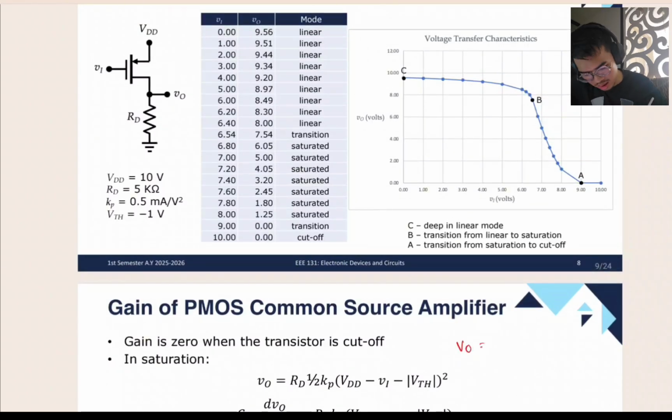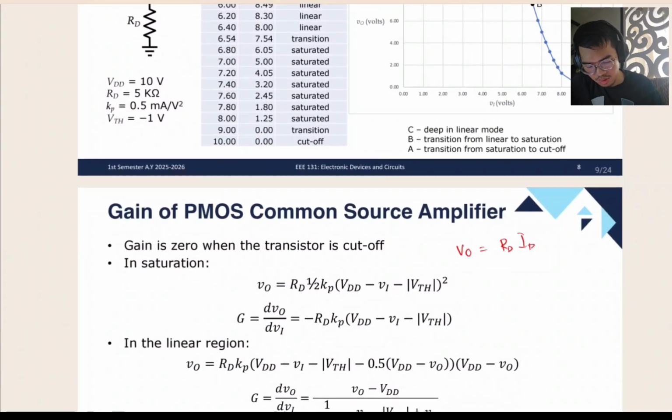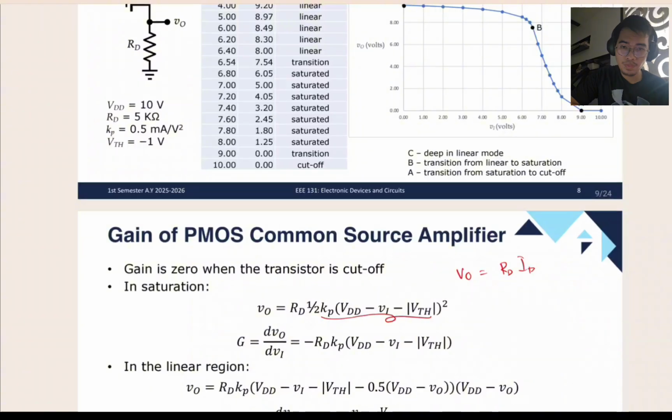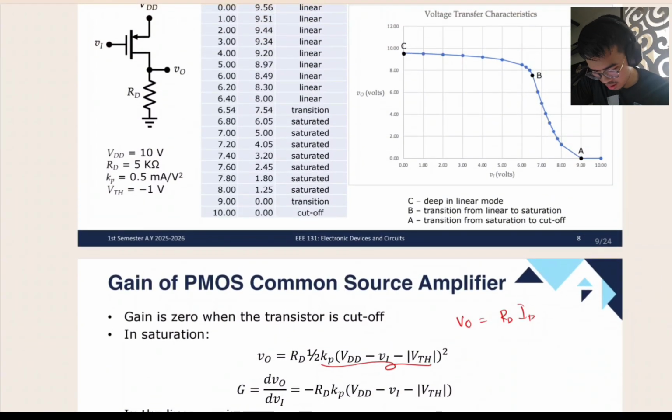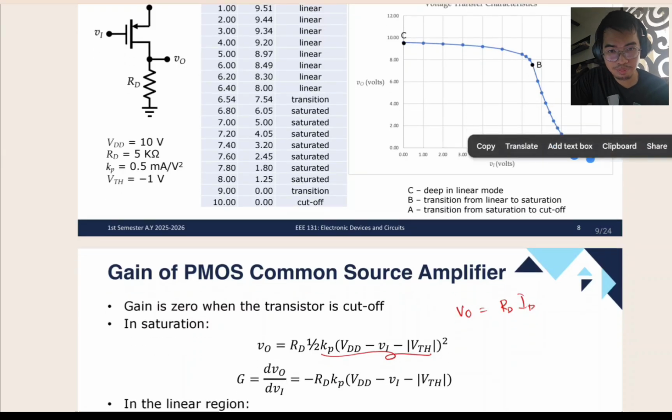V out in this case is just RD times ID. And when in saturation, this is going to be the expression for the current: 1/2 times the transconductance times (VDD minus VI minus VTH) squared.